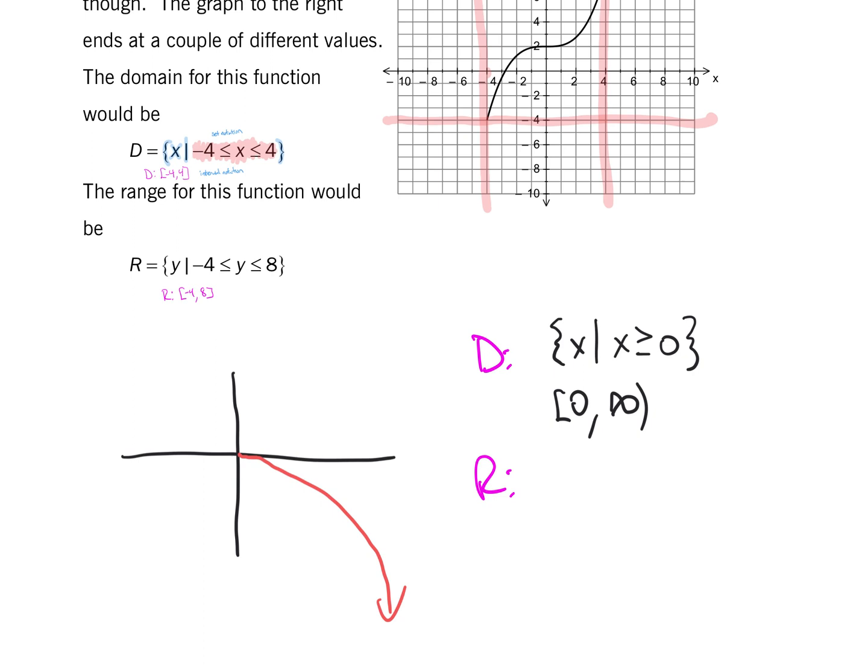Now, let's talk about the range. For the range, it's the set of y values such that y is less than or equal to 0.